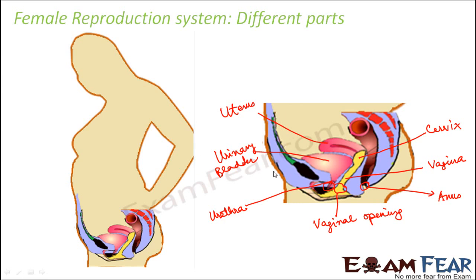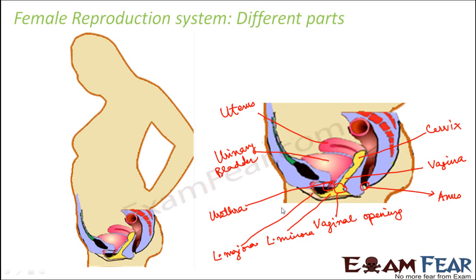Now if you look at the external genitalia, this is the vaginal opening and it has got the lips. The inner layer is the labia minora, and the outer layer, this cream colored layer, is the labia majora. Those are the two parts of the external genitalia.